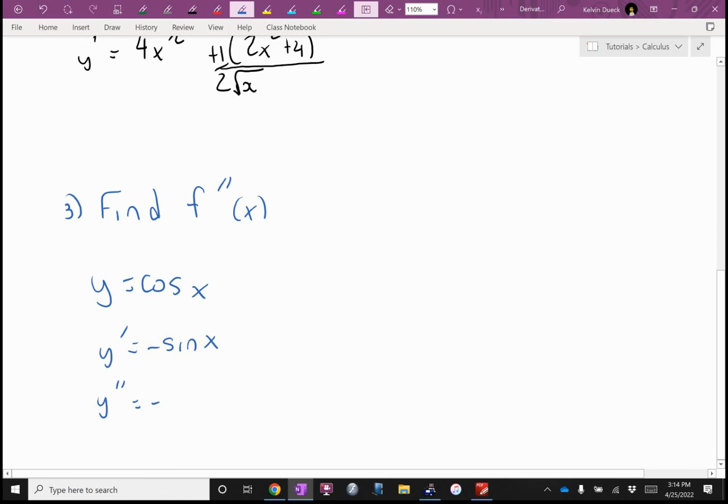The negative is going to stay where it is because it's really a negative 1, times the derivative of sine x, which is cos x. Third derivative, that would be negative sine x, although how would we probably choose to write that? Yeah, I'm positive. So there's probably going to be a question where you do what we call higher order derivatives. You should know that.